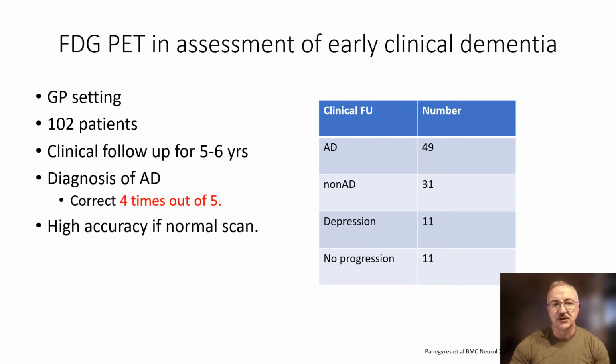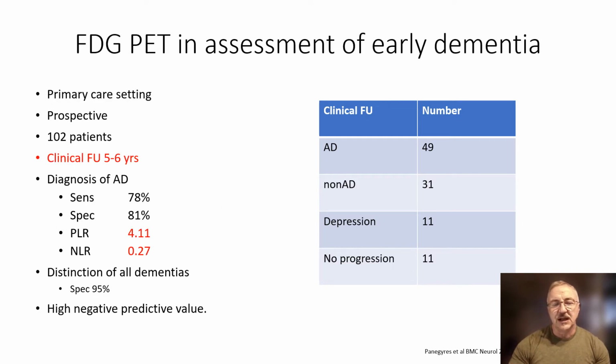So this is very good in this context. And this is with clinical follow-up of 5 to 6 years. So positive likelihood ratio of an early scan in the early assessment of a patient of 4.1. So high negative predictive values with a negative likelihood ratio of 0.27. So again, we're doing very well looking at these things.